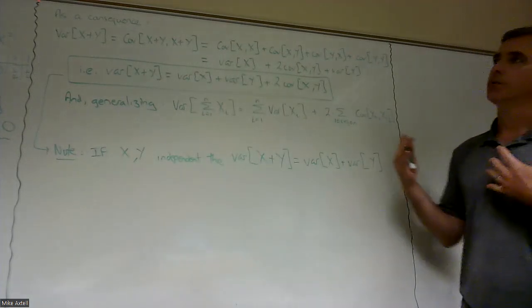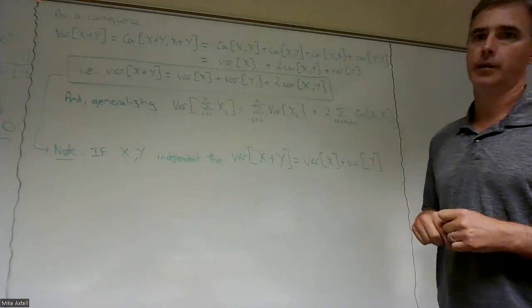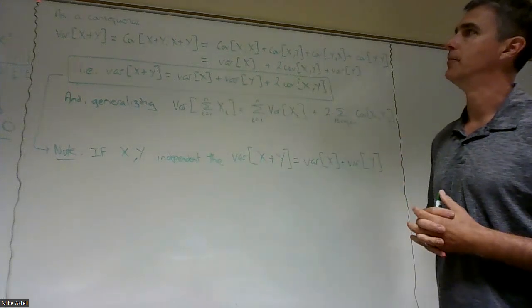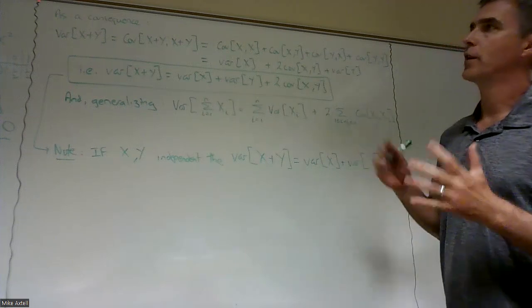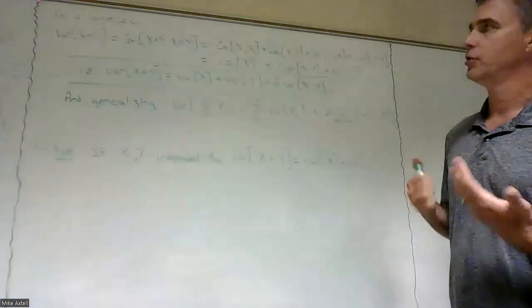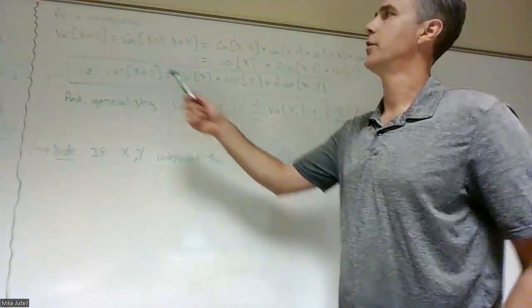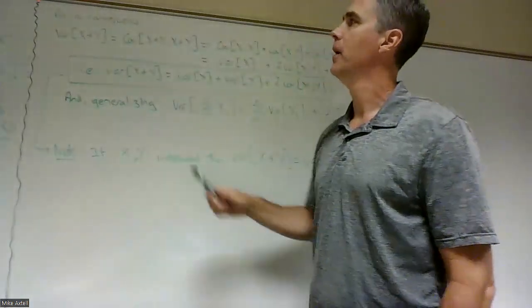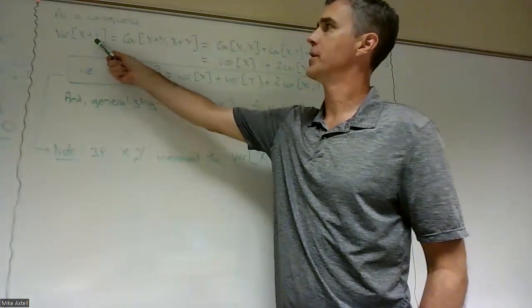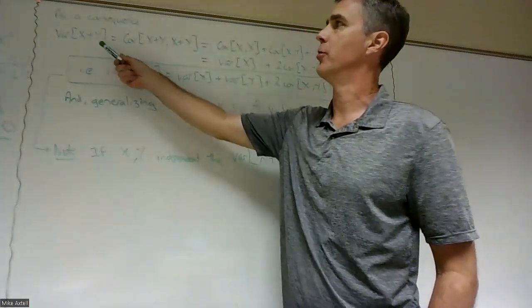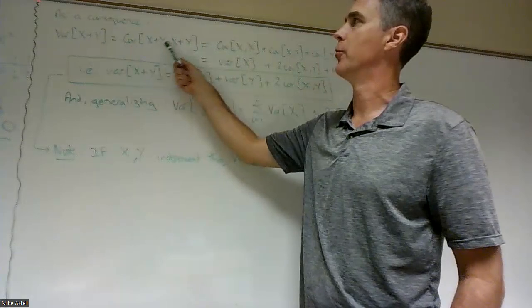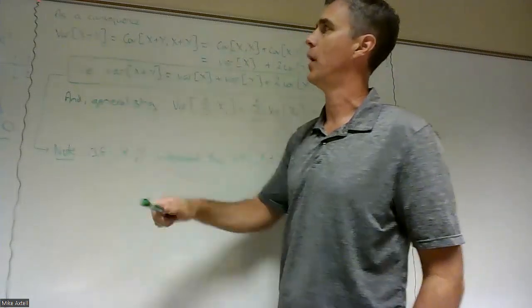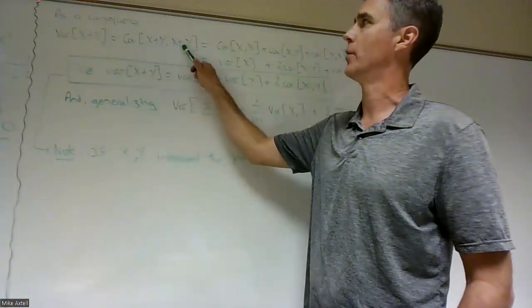In the previous panel, we proved a big, long sum result. One of the consequences of that sum result that we'll use a lot is if I look at the variance of the sum of random variable x with random variable y, we know that the variance of a variable is the same as the covariance of the variable with itself. So the variance of x plus y is the same as the covariance of x plus y with x plus y.